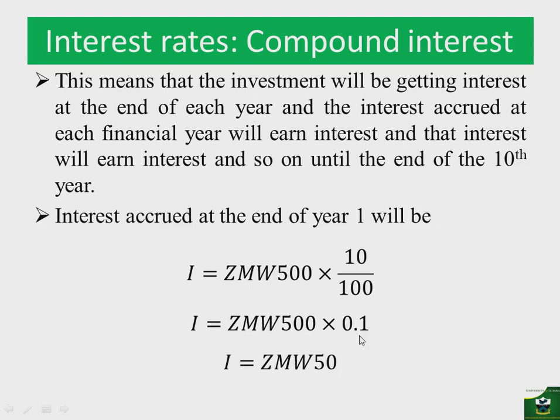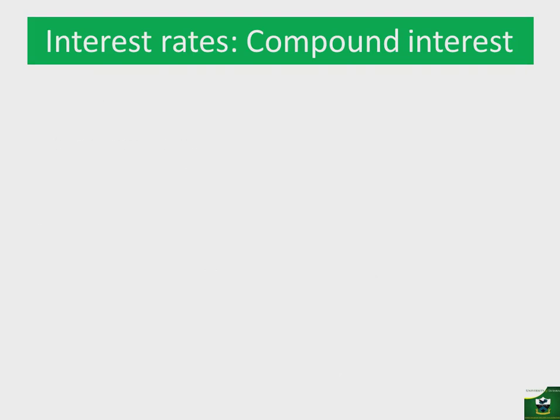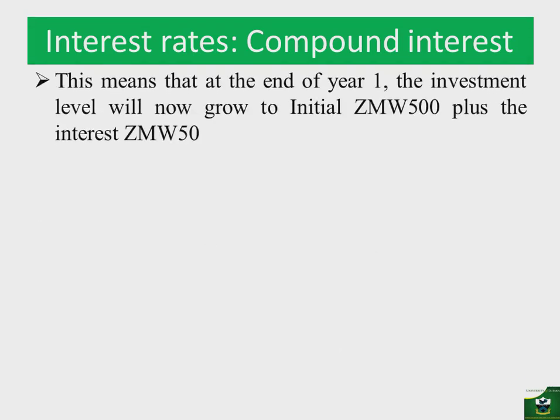In other words, your money at the end of period 1 will be 550 kwacha, which accounts for the principal plus the interest. So at the end of year 1, the investment level will grow to the initial 500 plus the interest of 50 kwacha.